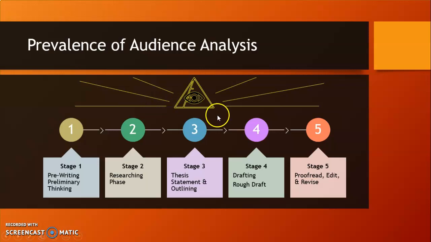So we have to make sure that we keep that in mind when we're in that planning phase, right? When we're doing our idea searching and we do our researching, and when we create that outline, we want to keep an idea of our audience in mind at all times. Who are we making this argument for? Who are we trying to communicate to? Because there's always somebody we're trying to communicate to.